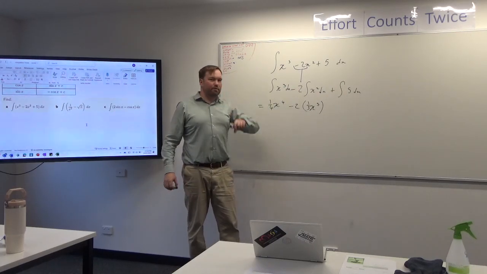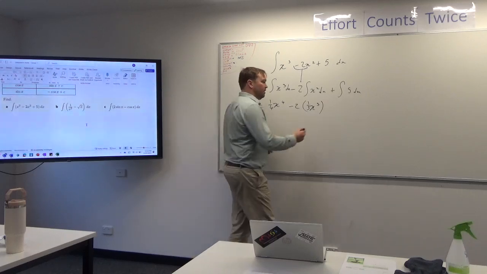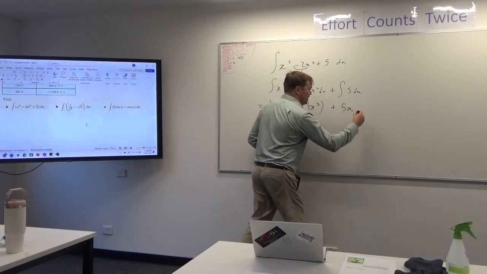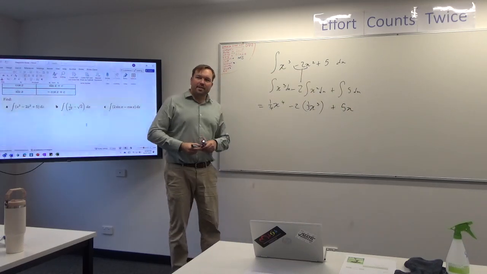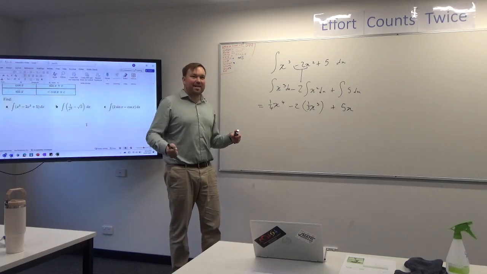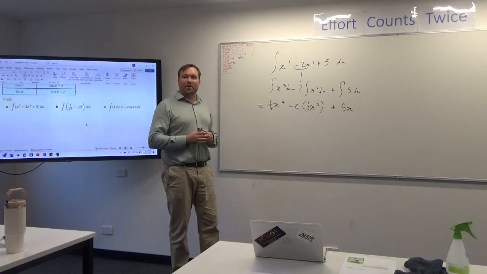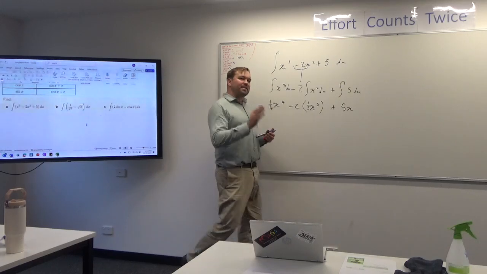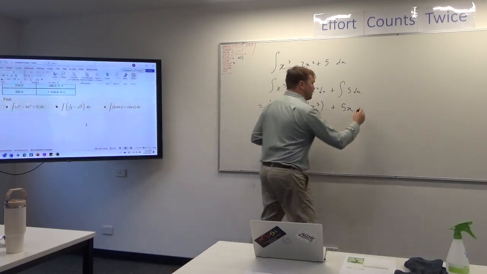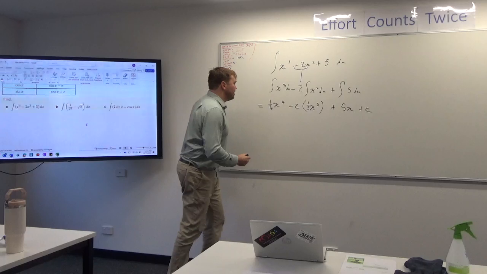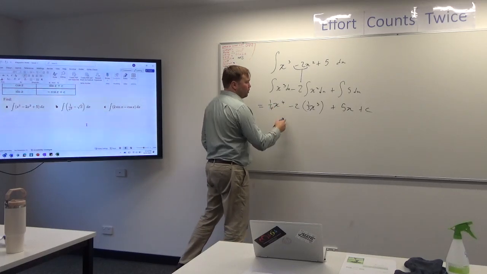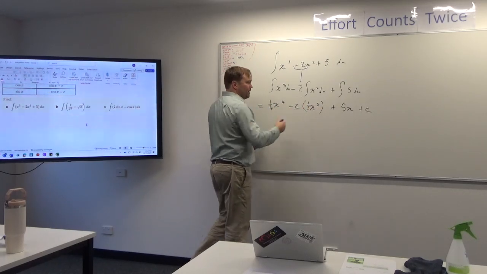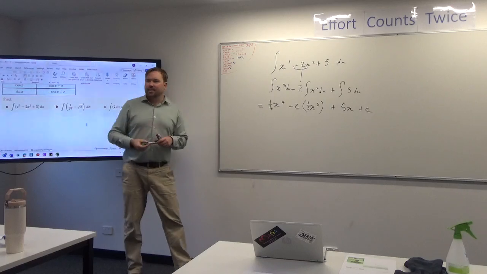And what's the integral of 5? Good, 5x. And yes, plus c, either here or in the next line. Honestly, we only really care about the c at the end, but it is worth reminding yourself with a plus c. So this would be 1/4 x to the power of 4 minus 2/3 x to the 3 plus 5x plus c.